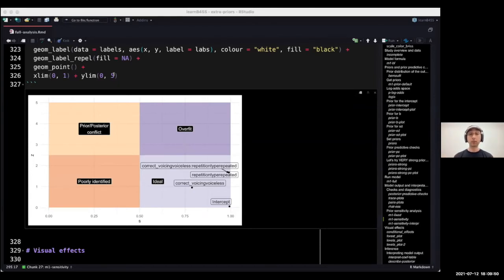If instead you get parameters up here, and this says prior-posterior conflict, it means that the priors you specified and the posterior that you got are so far away from each other, are so different, that they conflict with each other, which means that your priors were possibly too informative, right?